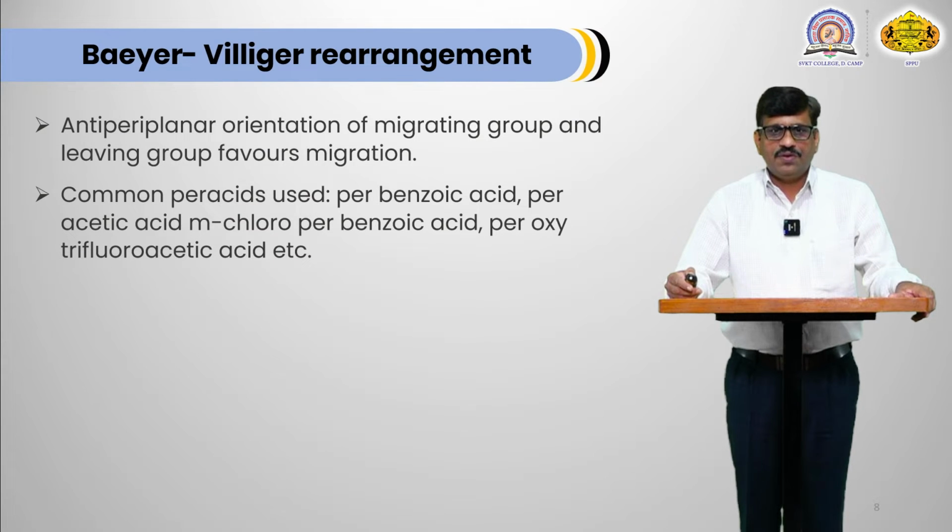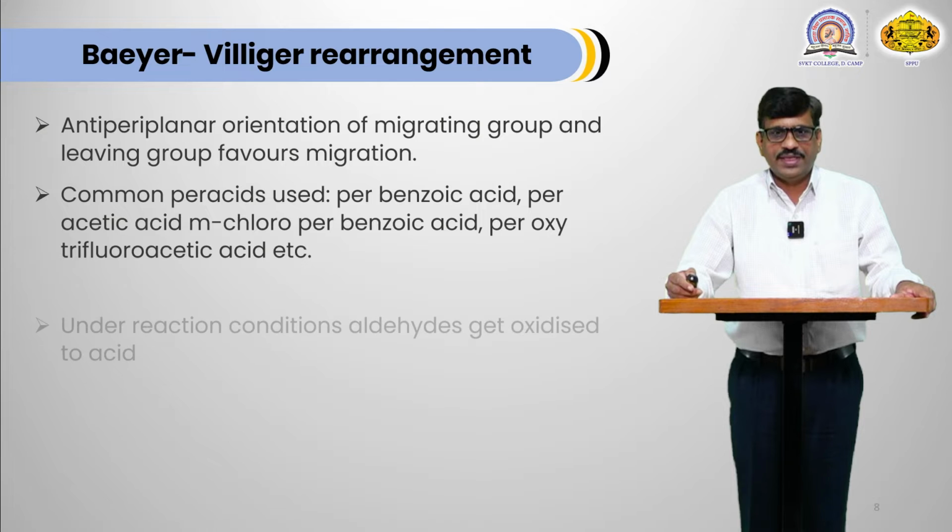These are some features of Baeyer-Villiger rearrangement. Anti-periplanar orientation of the migrating group and leaving group favors the migration. It means the group which is going to migrate should be anti-periplanar to the other group. Common peracids used for this reaction are perbenzoic acid, peracetic acid, metachloroperbenzoic acid, and peroxytrifluoroacetic acid.